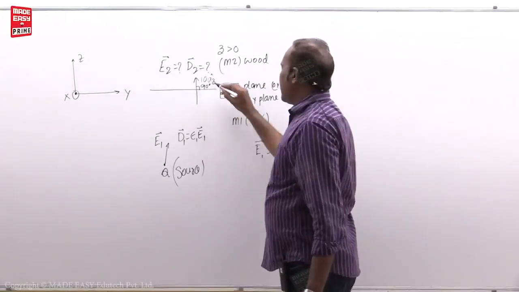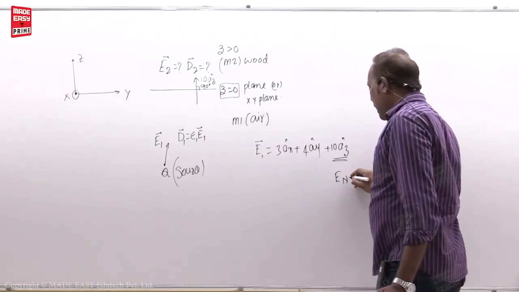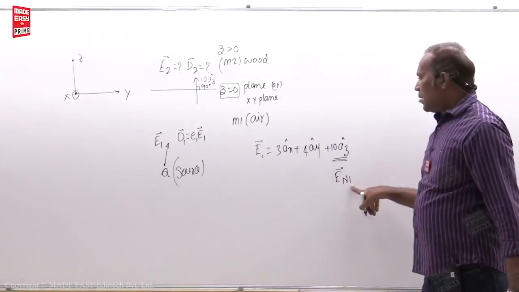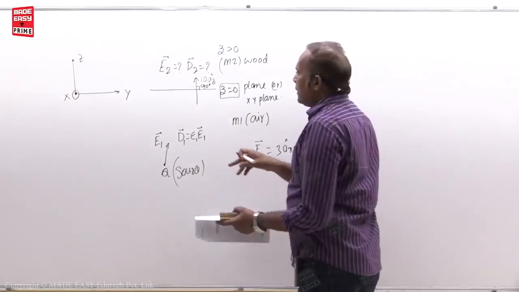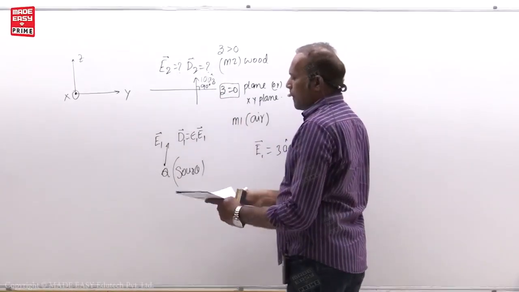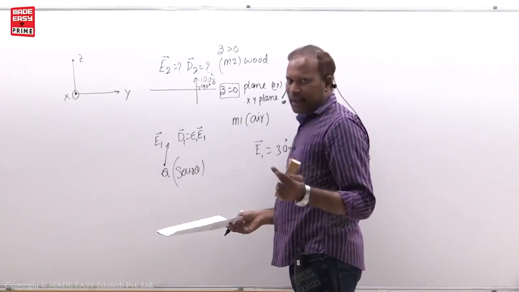That means 10az is called a normal component. So this is the electric field normal component in medium 1, and this boundary surface, or otherwise boundary, both are same.